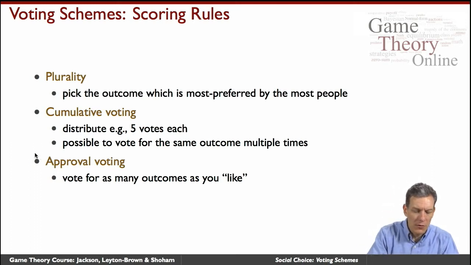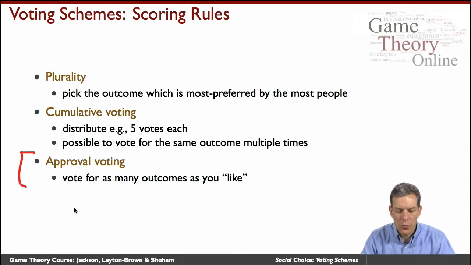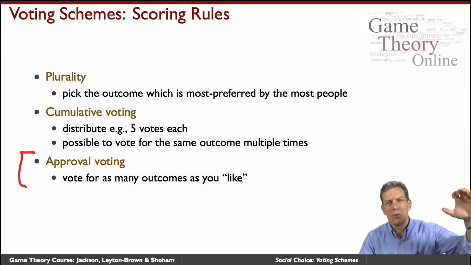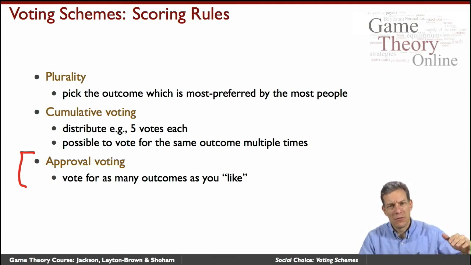Approval voting is another interesting voting rule, and that's one where you can basically just express whichever outcomes you like and not express which ones you don't like. So this is often used in, say, electing new members to a club or electing new members to a society, something like that. Like a Hall of Fame, you can list which candidates you think should be included, and then give zeros basically to the ones you don't think should be included.